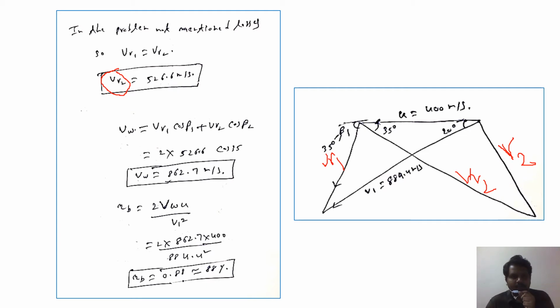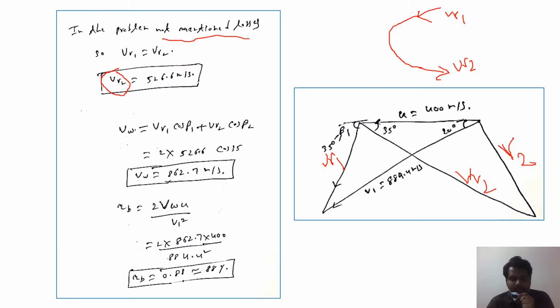In the problem they did not mention any losses, which means there is no friction when steam passes over the blade. Here you can see the steam is entering the blade with relative velocity VR1 and leaving the blade with the relative velocity VR2.